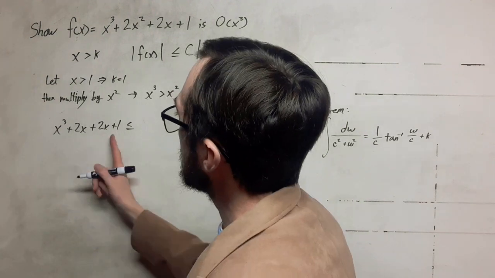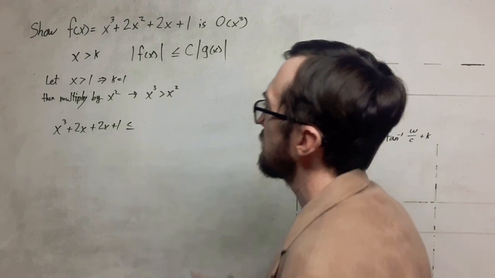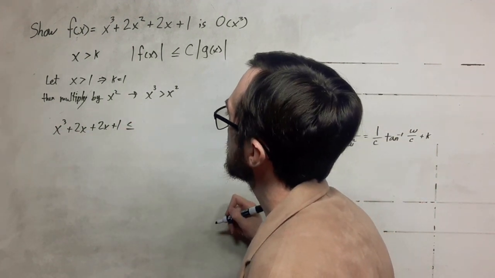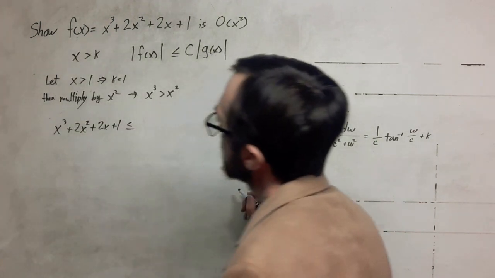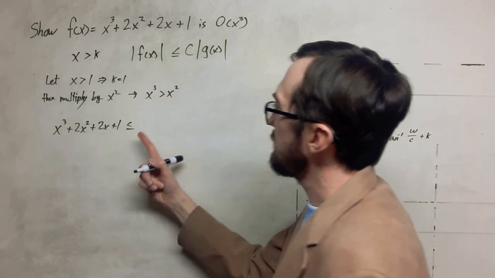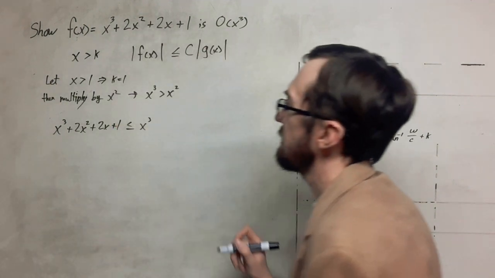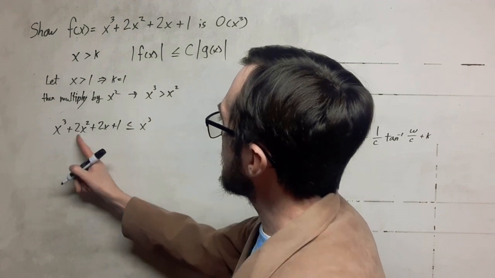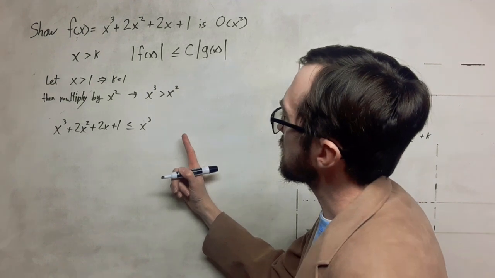So I'm going to rebuild this situation here and try to fit as many x cubes in it as possible. Oh, I forgot a square here. Okay. So x cubed is equal to x cubed. We're allowed to have equality here. So the first term is fine. It's equal.